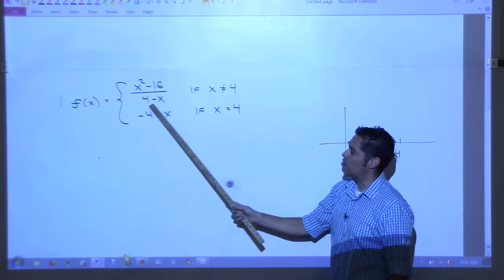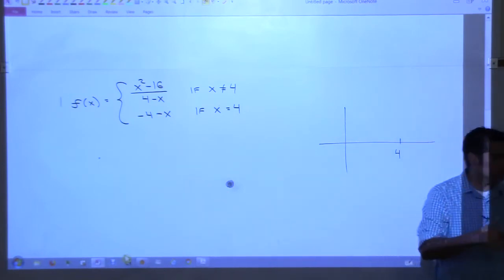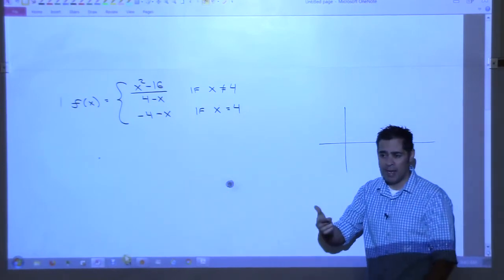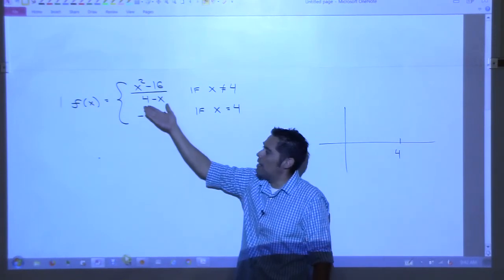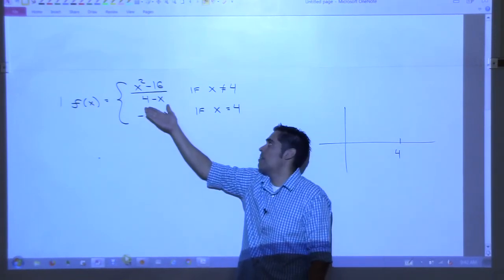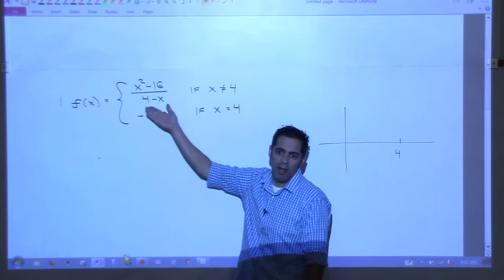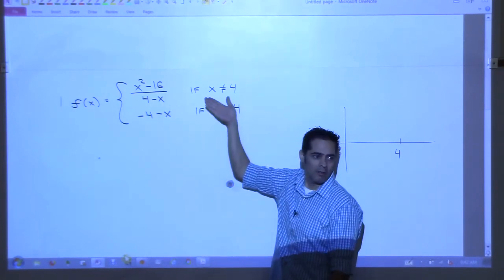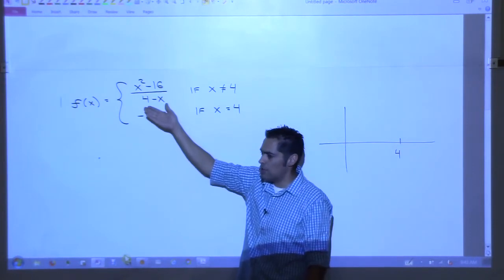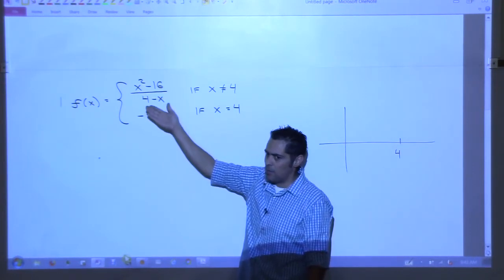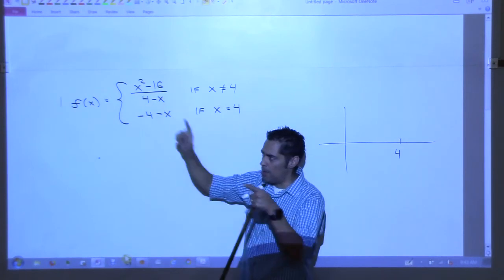A rational function. And rational functions are continuous on their implied domains. What's the only problem point in the domain of this function? Or what number is not in the domain? 4, right? But see, we're not at 4. So this is a perfectly fine continuous function on its implied domain, so I can draw it without picking up my pencil.